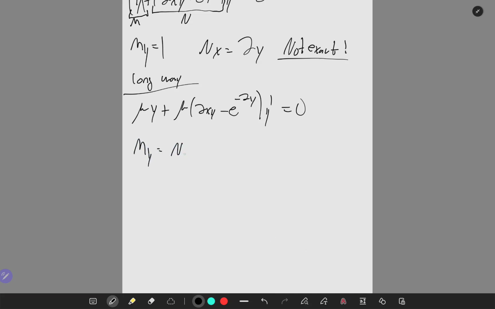So My in this case, I have to look back at my notes. These are functions of x. Okay.